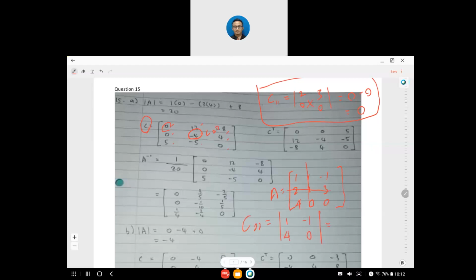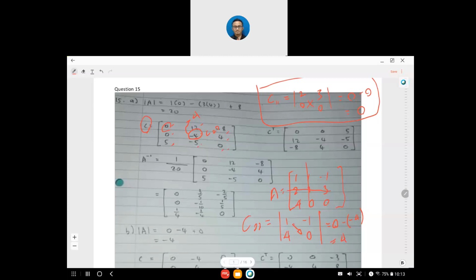So 1 times 0 gives 0, minus -1 times 4, which is -4. Then 0 minus -4 becomes 4. So this value is 4, not -4, and the rest is correct.